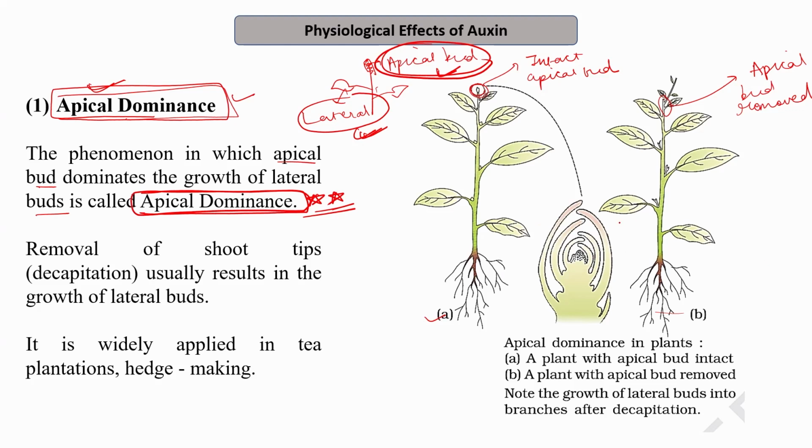You can see here that there is a growth of the lateral buds after the decapitation, that is, after the removal. But when there is an intact apical bud, lateral bud growth stops. Lateral bud will not grow.